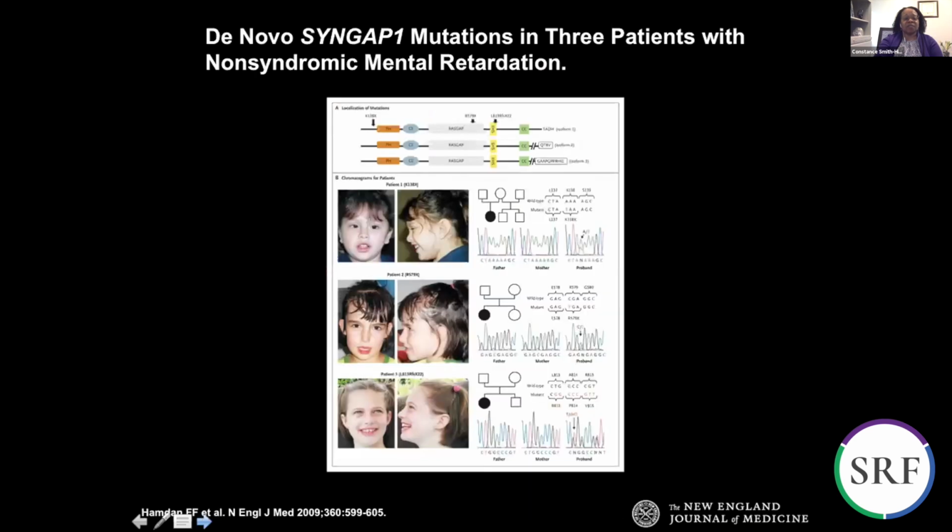The seminal paper that came out in 2009 by Hamdan's group reported on 3 patients who were not related. They had de novo mutations in the SYNGAP1 gene, and they were determined to have non-syndromic intellectual disability.